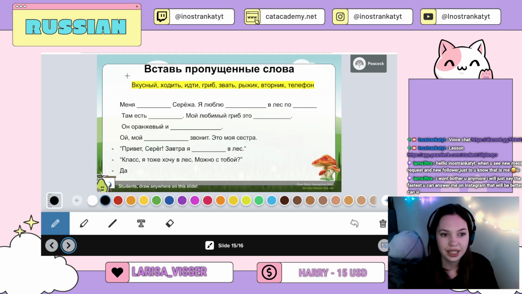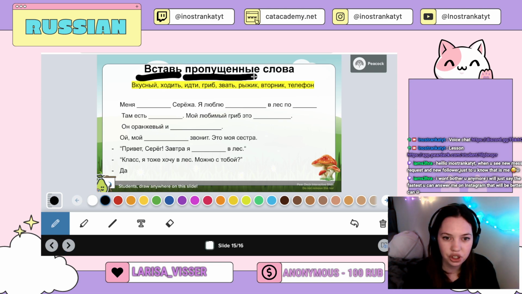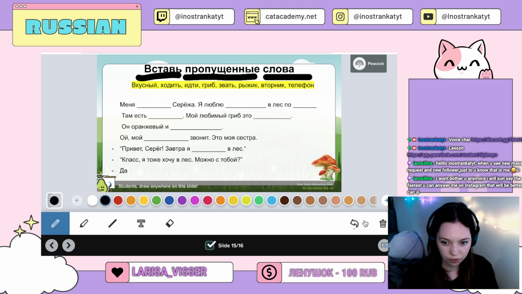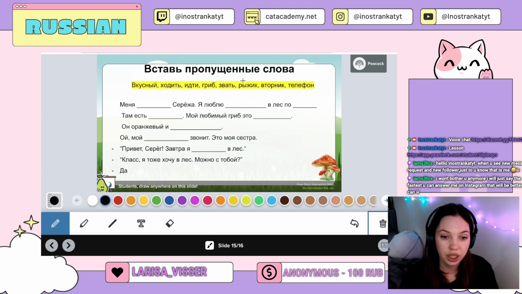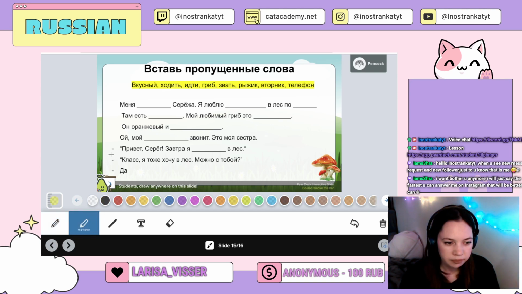So now we need to вставь пропущенные слова. Fill in the missing gaps. These желтые слова, yellow words, we're going to use them and put them in the correct form. First let's try to read the yellow words. Вкусный, delicious. Ходить, go, walk. Идти, go.